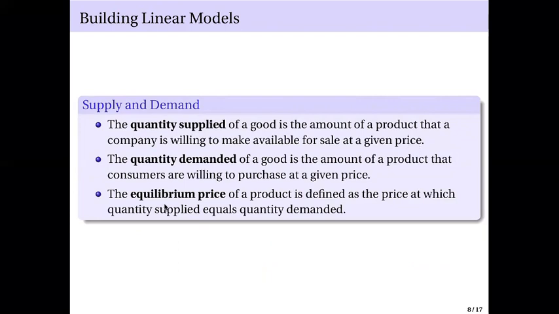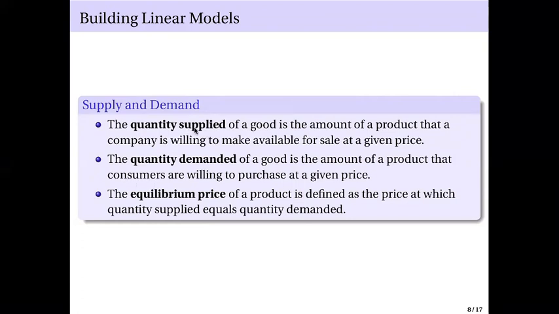The quantity demanded of a good is the amount of a product that consumers are willing to purchase at a given price. So the quantity supplied is usually from the perspective of the companies, the manufacturers or the producers, while the demand is most of the time from the perspective of the consumers.